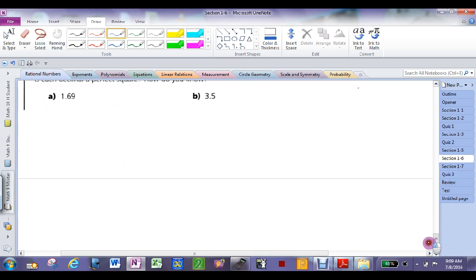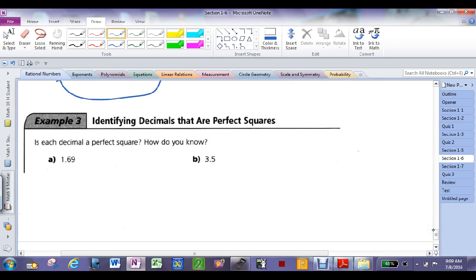We're almost at break, and we're at the end of our first set of notes. Is each decimal a perfect square? How do you know? Does that have the right amount of decimal places? Is it possible? Yes. So this is possible because it has an even number of decimal points.